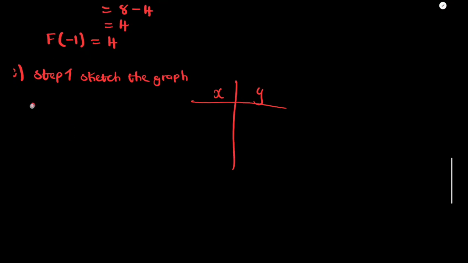So we have f of x equal to minus x squared minus x plus 6 in this interval, and we have ax minus 4 in this interval.